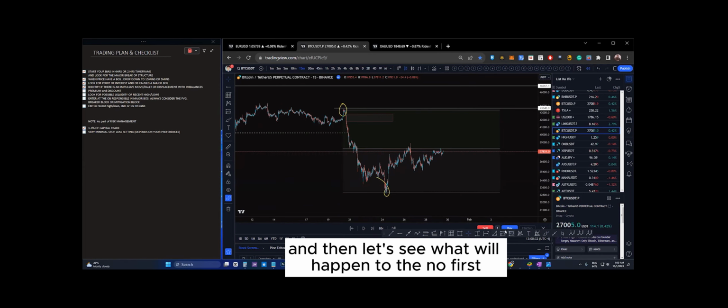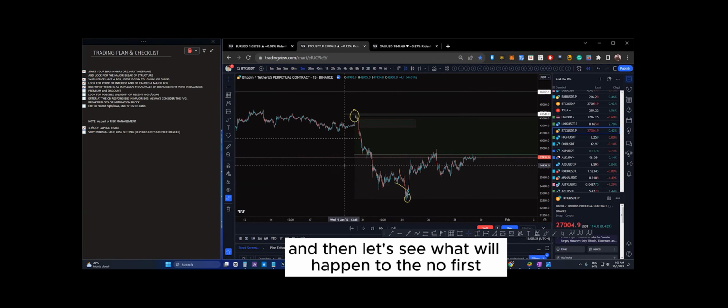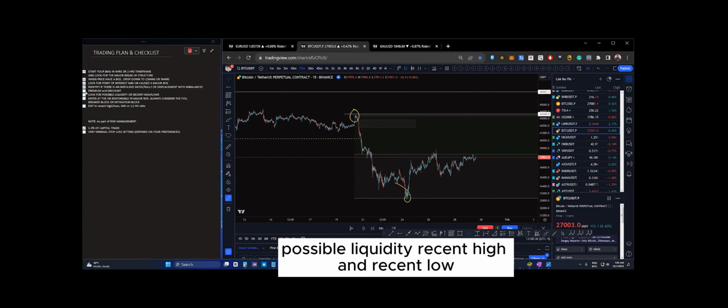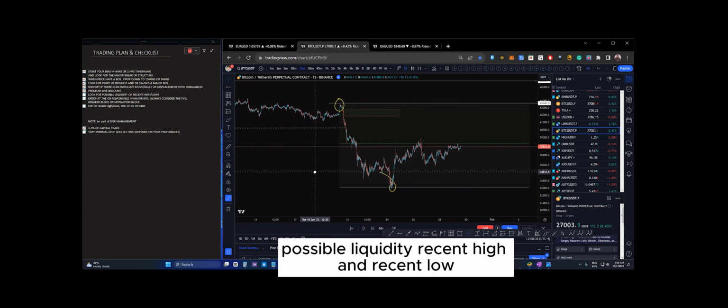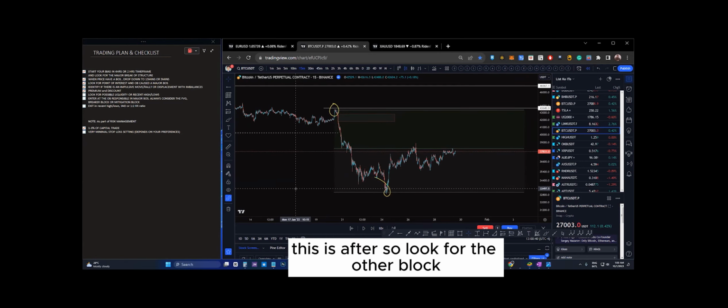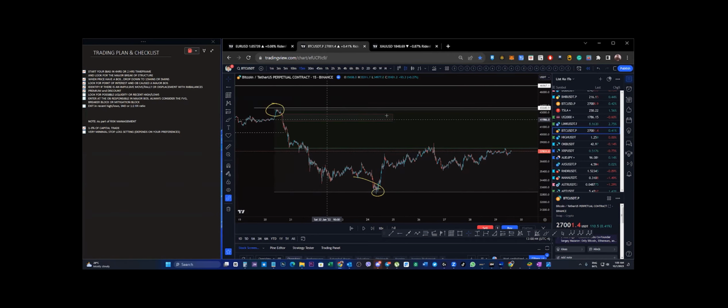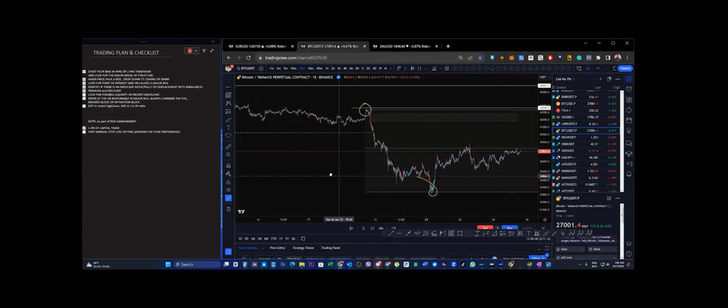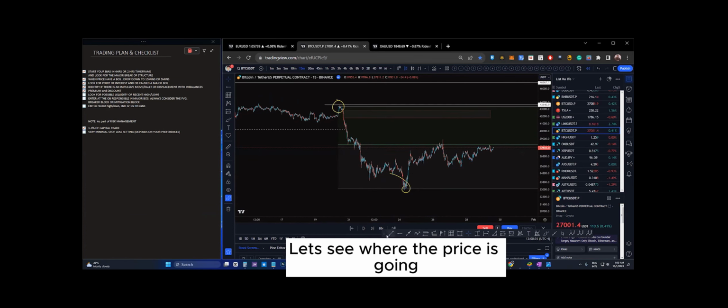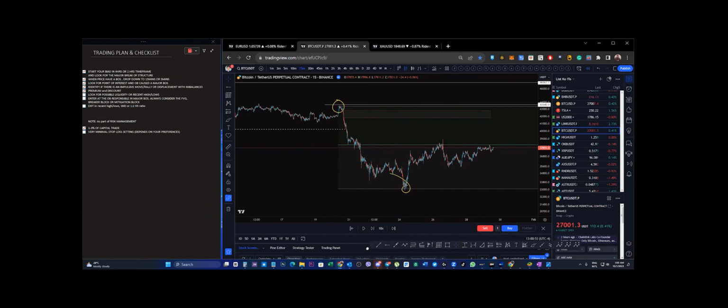And then, let's see what will happen to the, first, possible liquidity, recent high and recent low. This is after. So, look for the order block. Ito na nga yung ating order block kanina, ngayon. Okay? Tignan natin kung saan siya pupunta. Kung hindi, if this not goes to our technical analysis, don't force the trade.